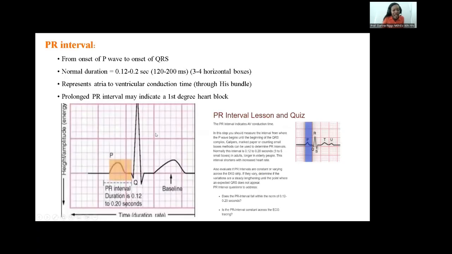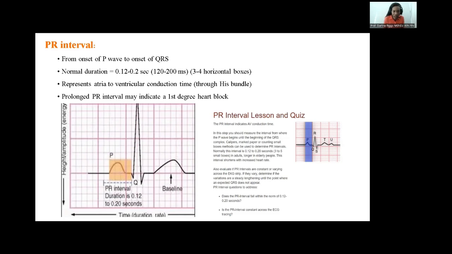Sometimes you'll be asked to know, you need to memorize the normal time for a P to R. Now, here's the thing, everyone. I know it says P to R, but you don't actually go all the way to the R to measure this. Just know the book. Don't argue this. There are cases like that, folks, where it just is what it is.